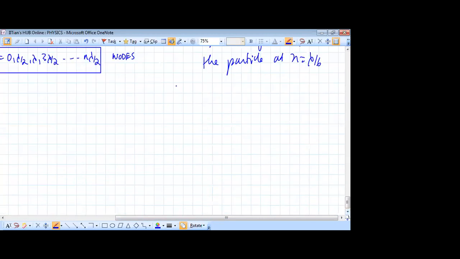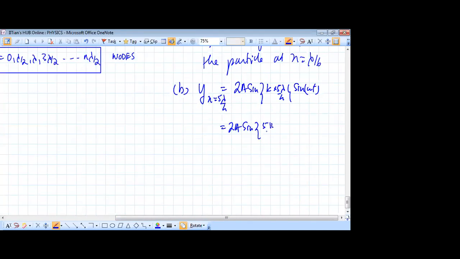Okay, so next part will be like this. So the point at x equal to 5 lambda by 4 is in fact an antinode point, as we have seen before.